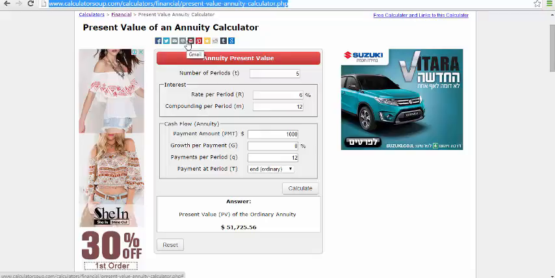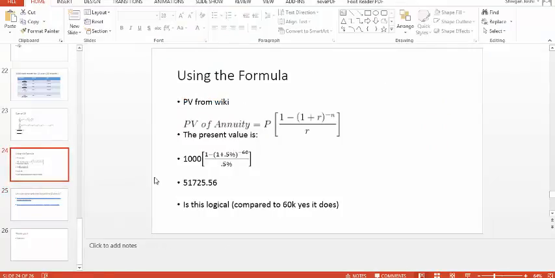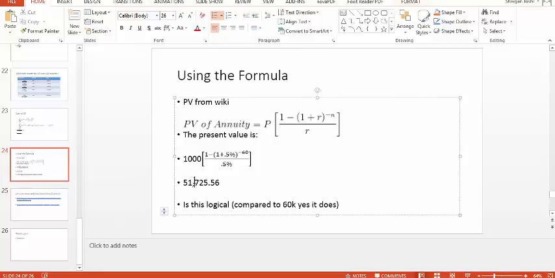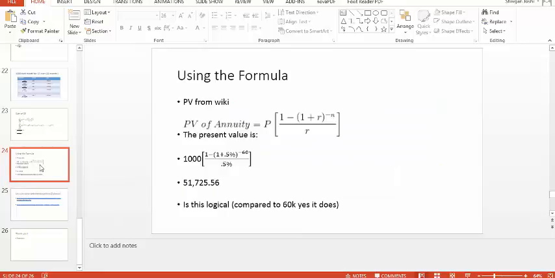The payment per period is 12, and I got 51725, which is exactly the same number that I got by using this formula, which is present value of annuity. And if I use Excel, I can calculate the sum of this column and get that. So this is how we are going to calculate the present value or the future value of equal cash flows that we want to look at.